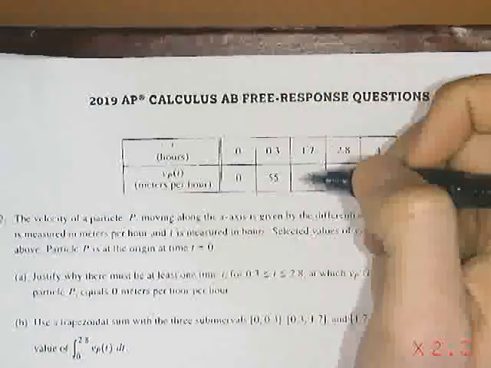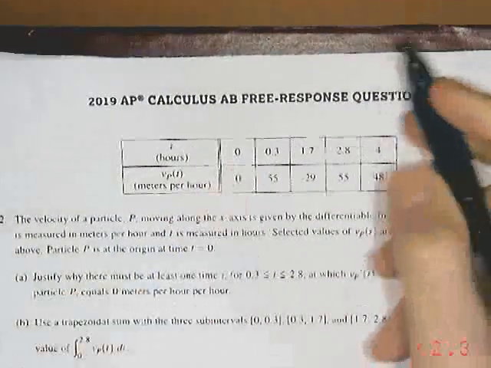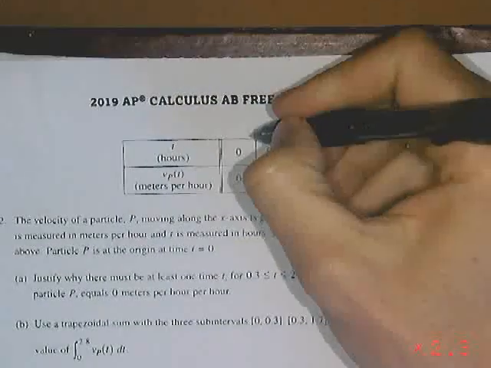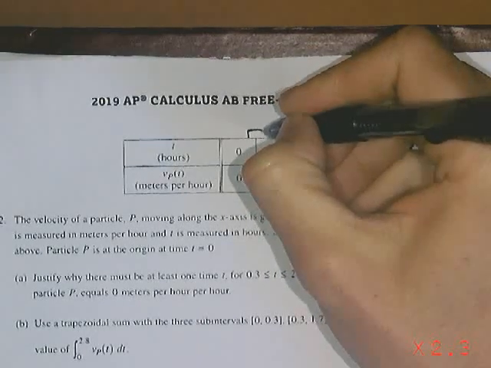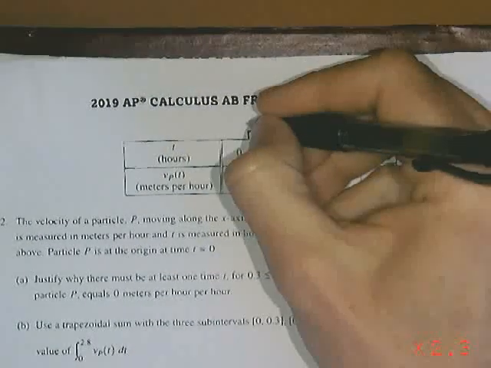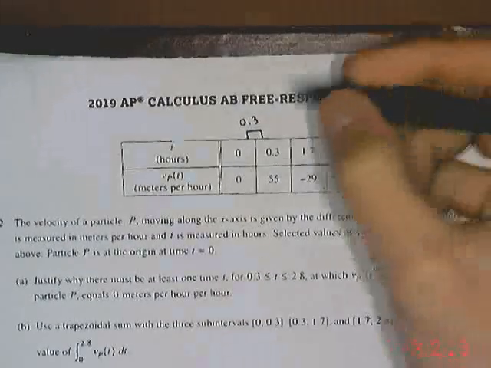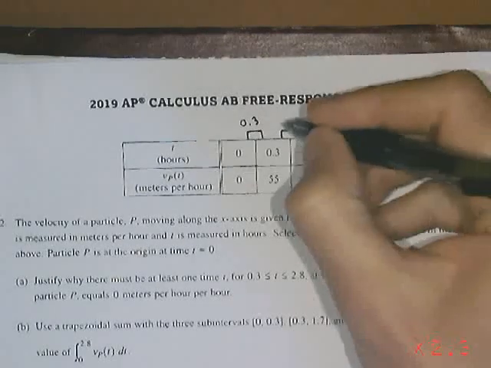Before we get started, in anticipation of a possible Riemann sum, we'll look at these delta x's, or I guess delta t's, that will be the bases of whatever shape we're asked to do our sum with. So this one being 0.3, from 0.3 to 1.7 would be an interval of 1.4.